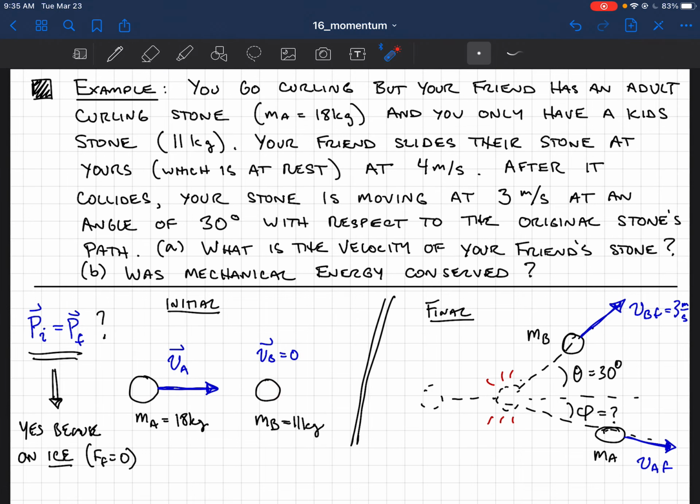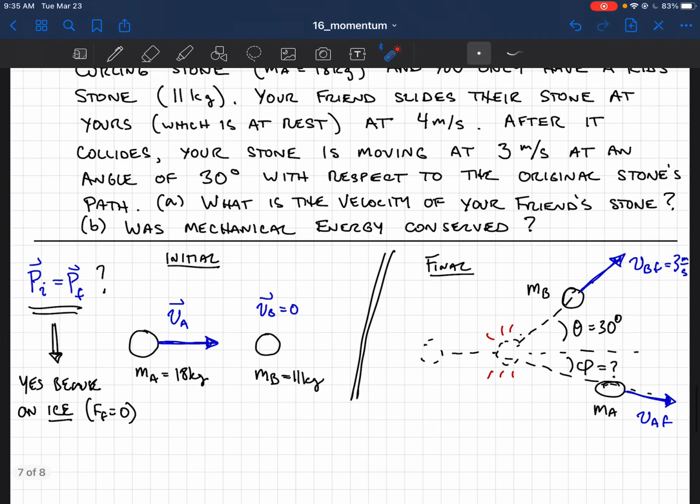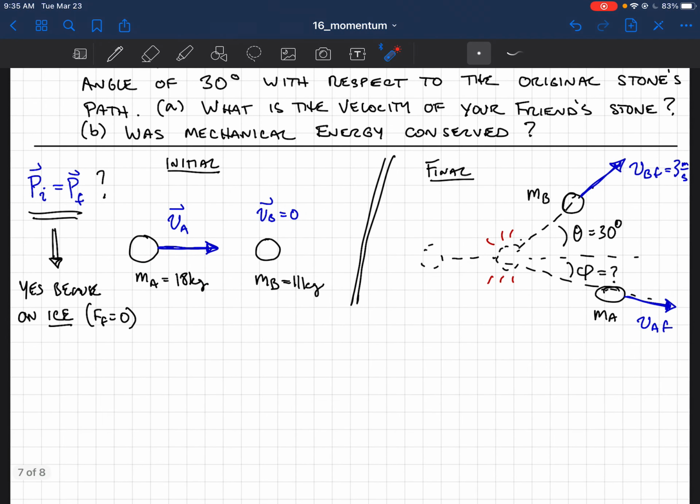There is a normal force and a gravitational force. Those would be perpendicular to this page, but they balance out, so there's no net external force. So let's just state that explicitly. So F net external for the system of the two masses is equal to 0, so momentum is conserved.